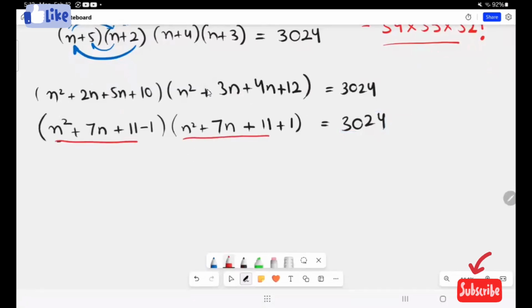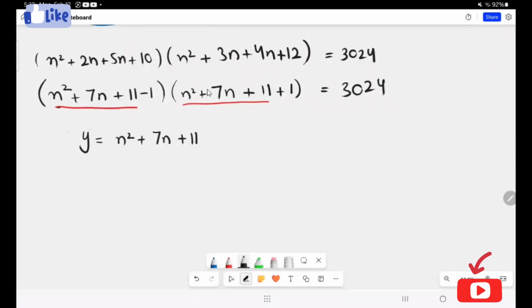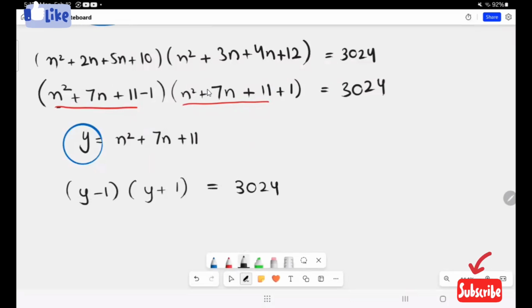So for that I'm going to take y equal to n squared plus 7n plus 11. Now I'm going to plug in this y in replacement in this equation: y minus 1 times y plus 1 is equal to 3024.